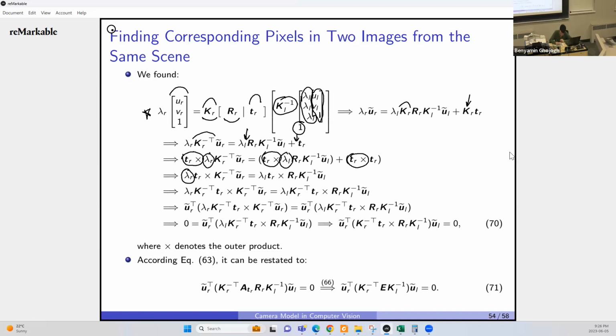Lambda L also is a scalar, it comes out. And what do we have here? TR outer product TR is 0 as before, goes away. So I use TR outer product to get rid of the last term TR. It was a pain in the neck. Okay. Now what do we have here? What do we have? Let me remember.